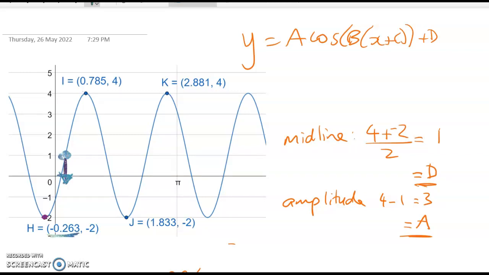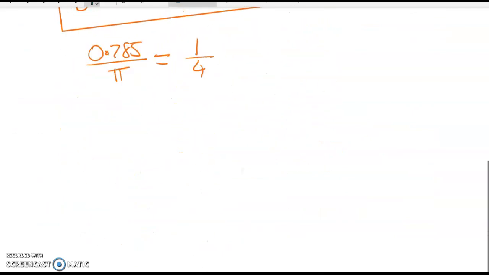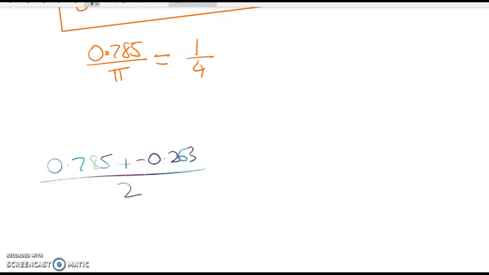That horizontal shift will be the halfway mark between H and I. So I'm going to do that quickly now. So it's going to be 0.785 plus negative 0.263 divided by 2. So the midpoint of those two, or the x coordinate of the midpoint.